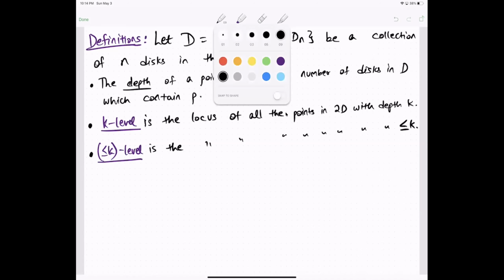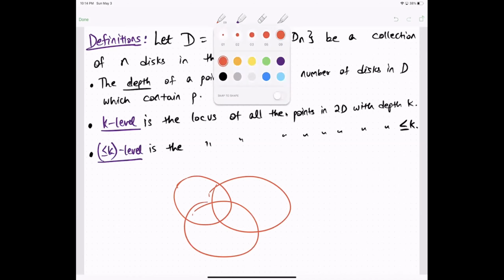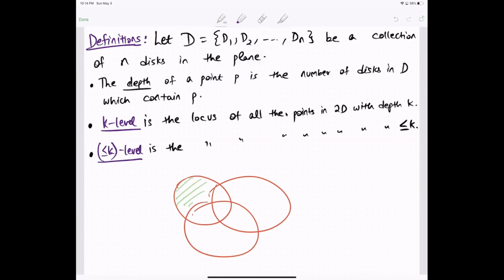Okay, time for quick examples here. Right, so this portion is level 1, because the depth of any point here is 1. Any point here, the depth is 0 by definition.